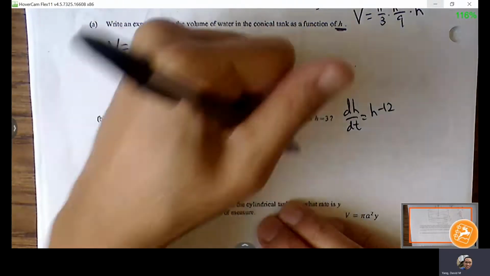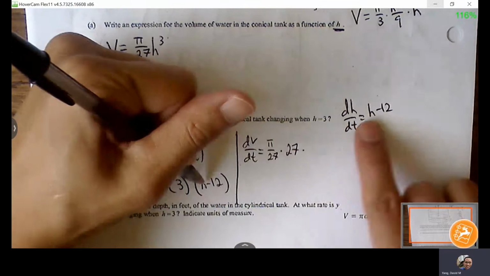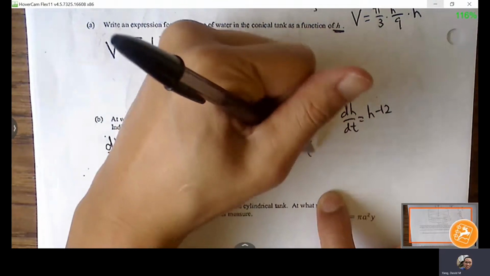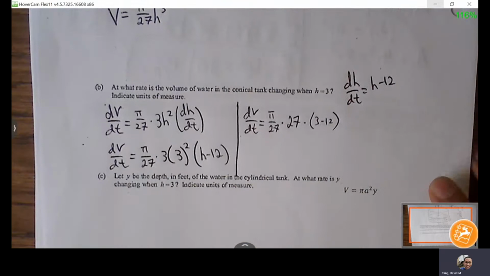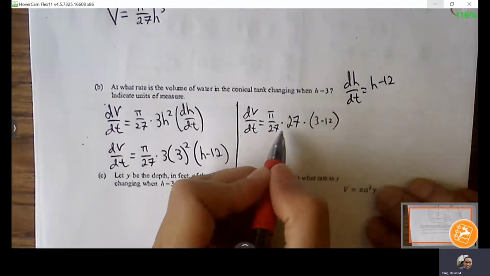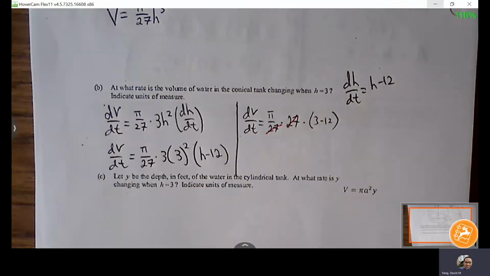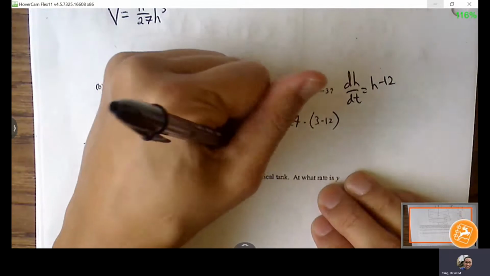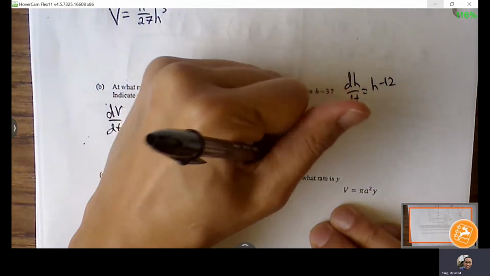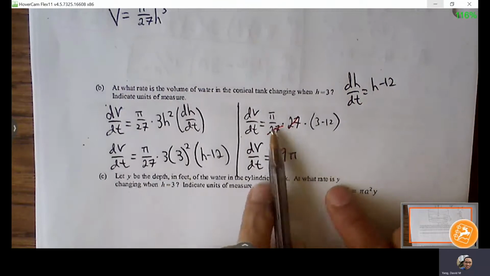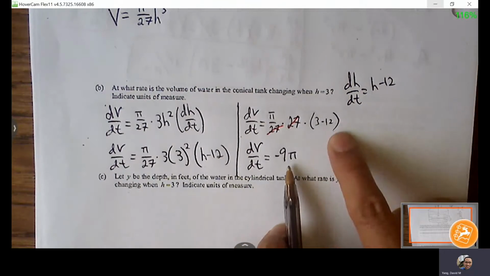Three squared is 9, times 3 is 27. 3 minus 12 is negative 9. So a lot of things cancel out here. The 27 goes away. 3 minus 12 is negative 9. We keep the pi. Still part of our answer.